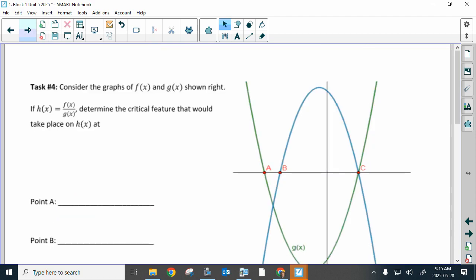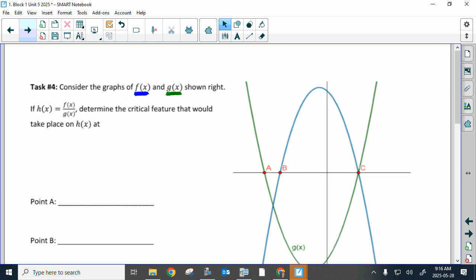Okay, check this question out. This is a conceptual understanding question. So it says, consider the graphs of f of x. The f of x graph here is in blue. And the g of x graph is in green.